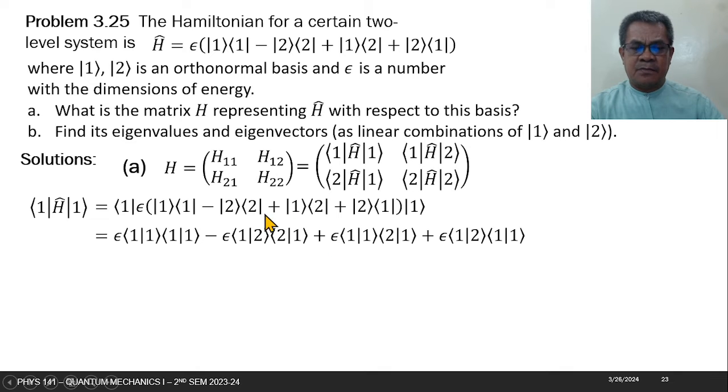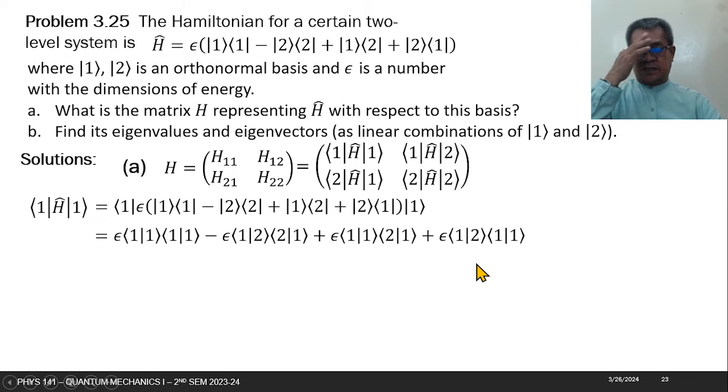Then plus, we have this one acting on this, and we have this epsilon, and this one acts on 2, or the 2 acts on 1. Then the last term, we have this bra and the ket of 2, and this one will absorb. We have this result. So we have 1, 2, 3, 4 terms.